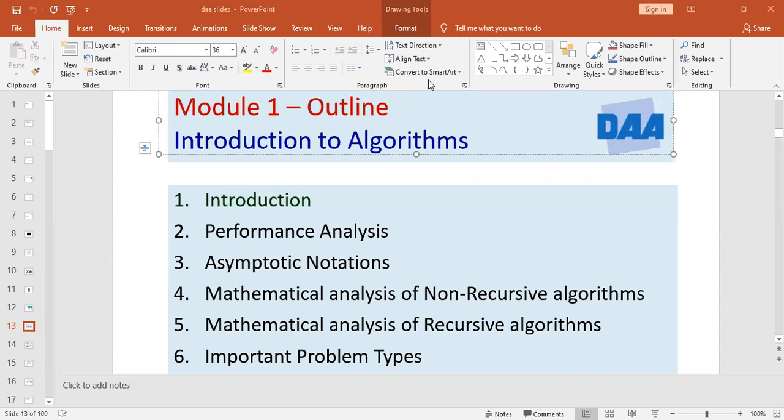I am asking the question: define algorithm. What do we call an algorithm? For those who have attended the previous offline classes, can you tell what an algorithm is? Kindly type in the chat box.